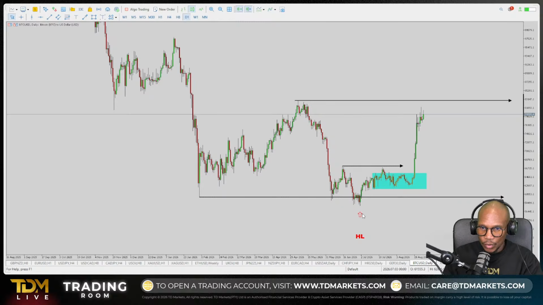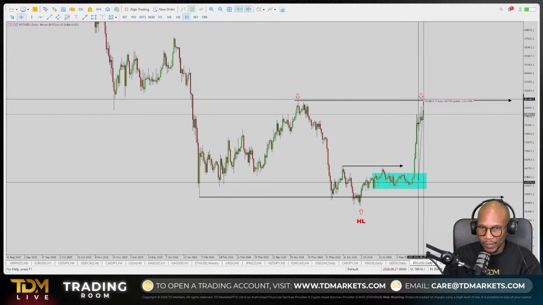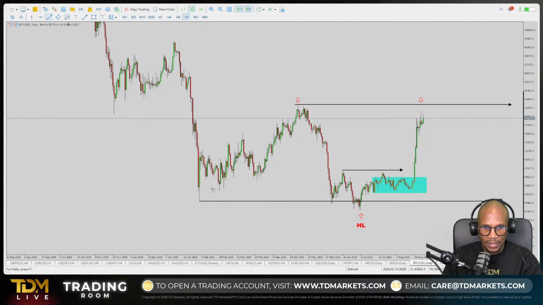Looking at where price is coming from, it makes sense that price is going back to this high first, and then we would be seeing this behavior. Now from there, it could still do this if it wants, or it could break and go up. So there are these two possibilities from this high.